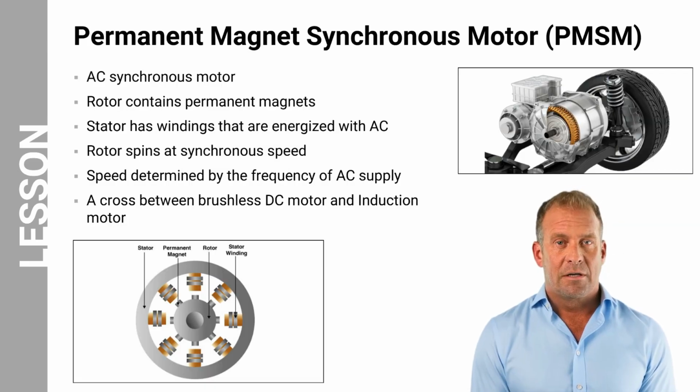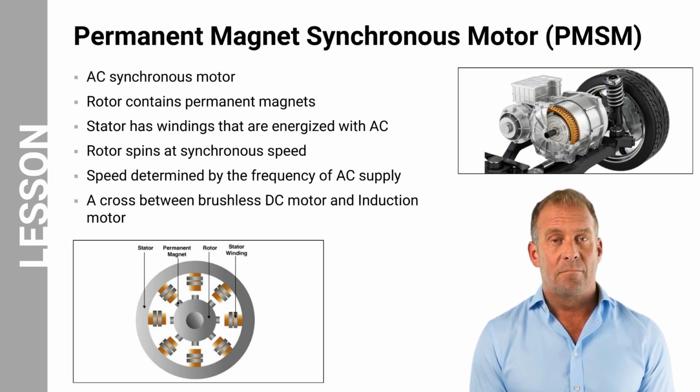Let us now focus on the two main types of motors used in BEVs: permanent magnet synchronous motor and induction motor. A permanent magnet synchronous motor, abbreviated as PMSM, is a type of AC synchronous motor that combines features of both brushless DC motors and induction motors. The rotor of a PMSM contains permanent magnets, while the stator is equipped with windings that are energized with alternating current.